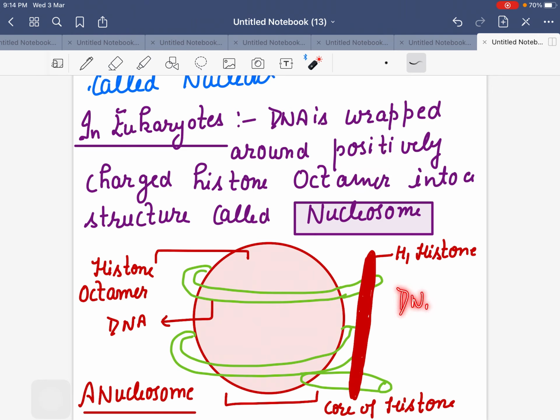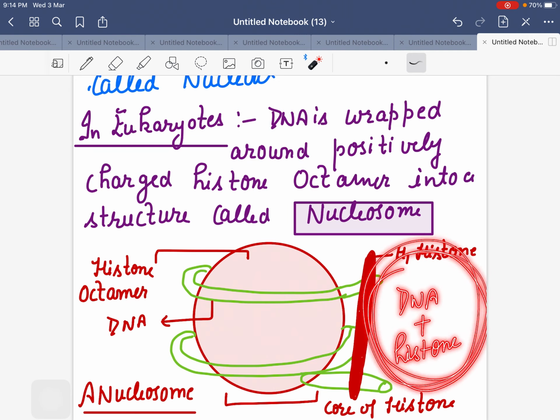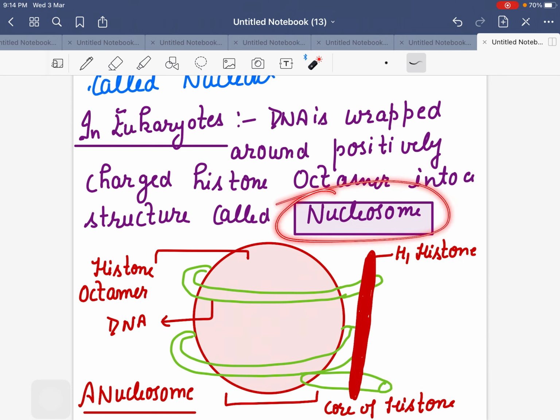So this complete structure, मतलब DNA भी है, 8 histone proteins भी हैं, this complete खिचड़ी is known as your nucleosome. समझ में आया? So basically in eukaryotes, DNA इतना lengthy है, इतना length है इसका, that we need some kind of proper ball where we can wrap it.